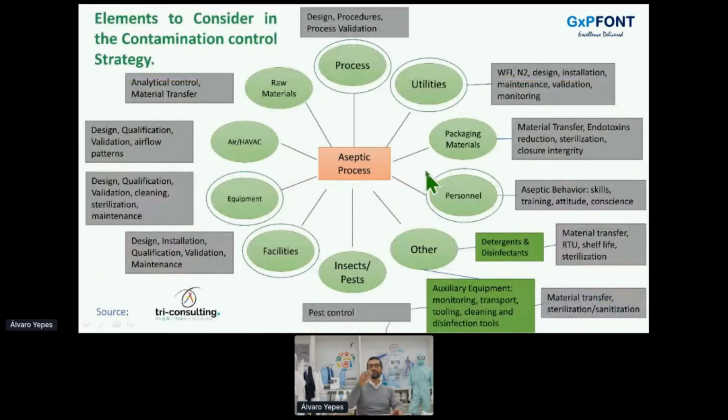If you see the draft of Annex 1, all of these areas are mentioned as to be taken into account for this contamination control strategy.